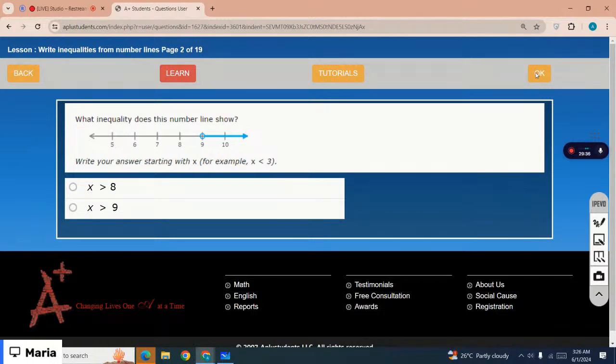That means x is greater than which number? The graph is starting at 9 and 9 has the open circle. That means it is not equal to 9, right? The solution is x can be any number that is greater than 9. Got it? Okay, the next one, the correct option is x is greater than 9.